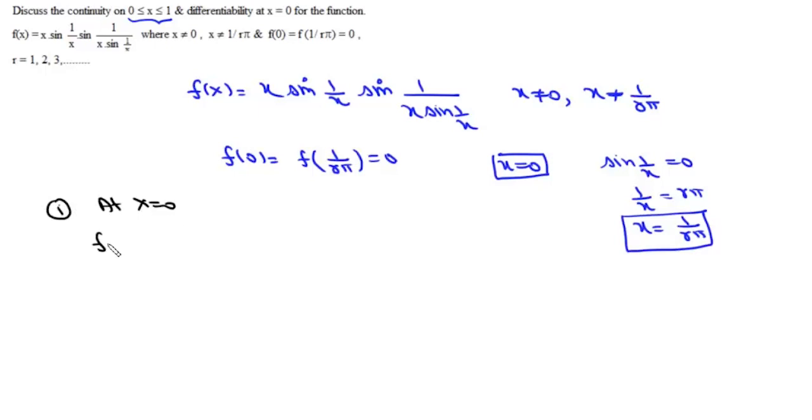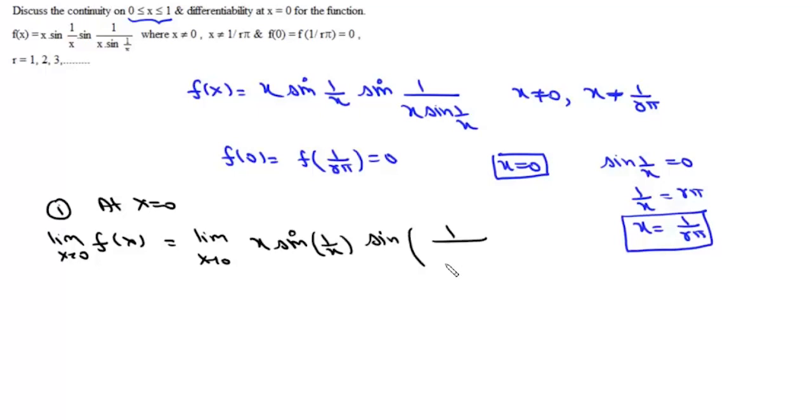So first we'll check its continuity at x equal to 0. If we find the limit as x tends to 0 of f(x), this is the limit of x sine 1 by x. First we'll check its form.